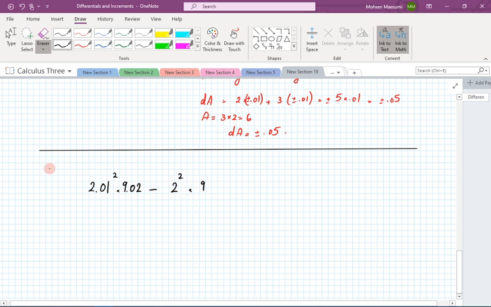So the issue is to use differentials to estimate the following quantity.